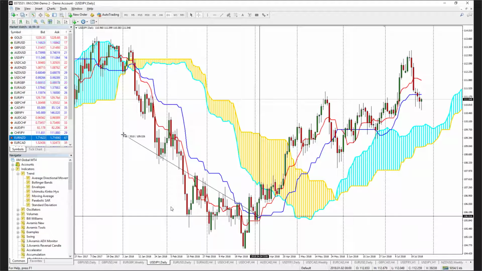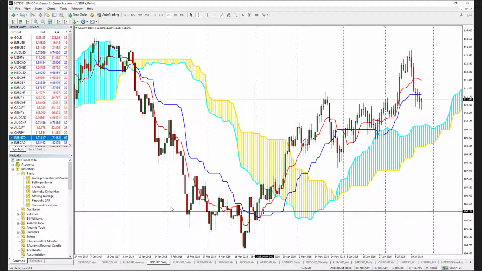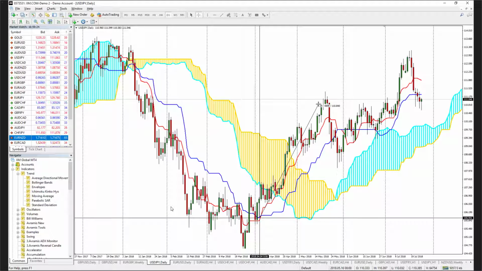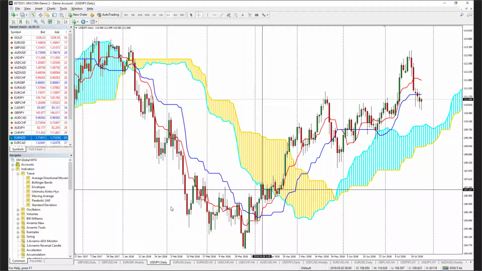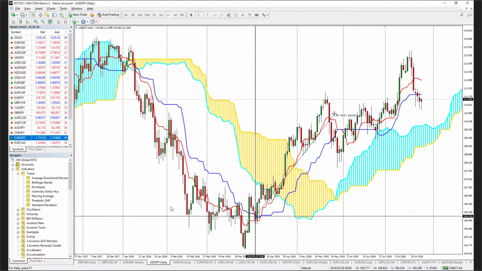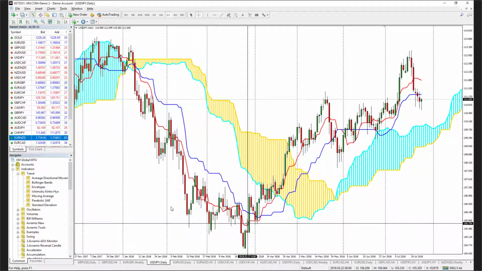exit any shorts. As we said, maybe for an aggressive trader, that was seen as a buy signal for the expectation of that trend reversal. But for the trend follower who didn't take that signal, what was the first signal in the new trend? When the price closed above the Kumo.